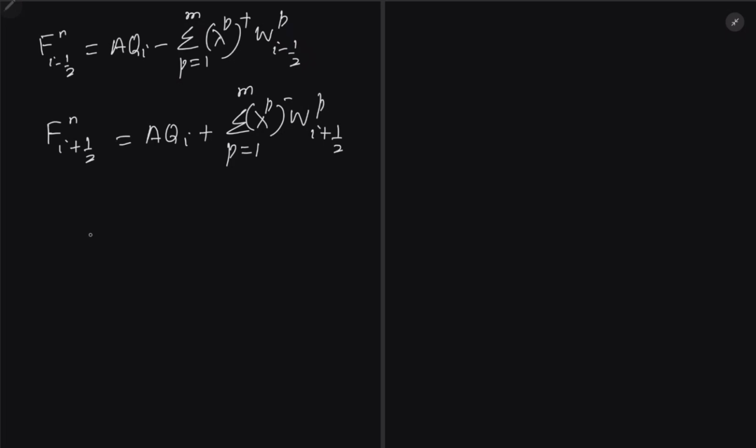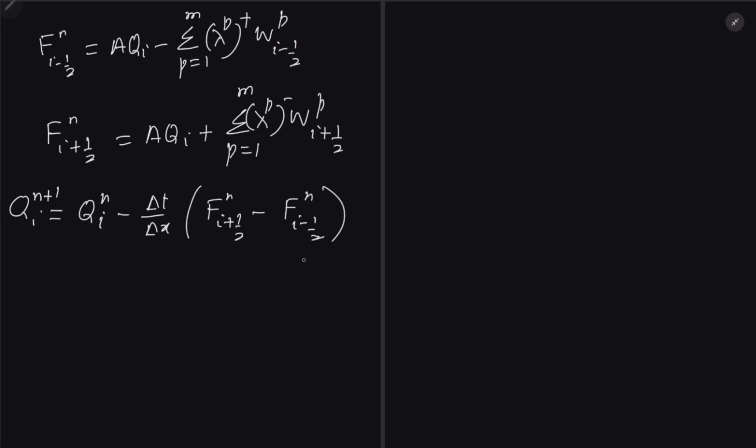So the numerical method is q^{n+1}_i equals q^n_i minus delta t by delta x times F^n_{i+1/2} minus F^n_{i-1/2}.